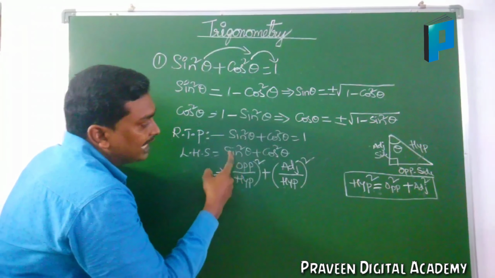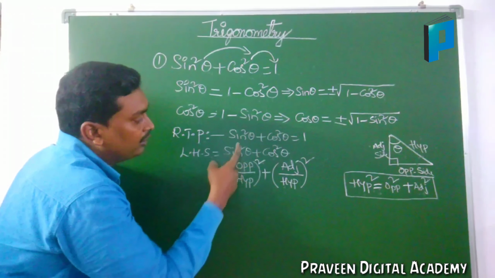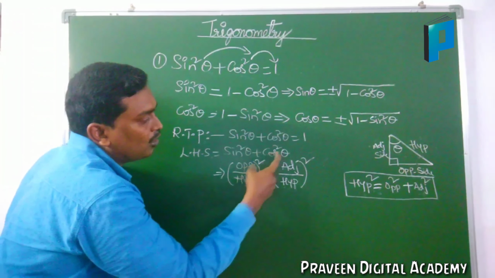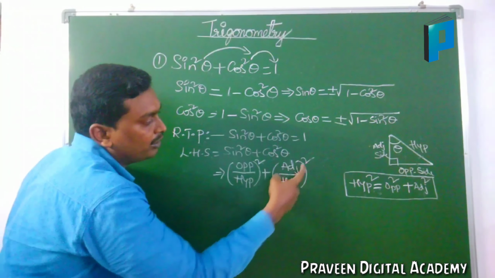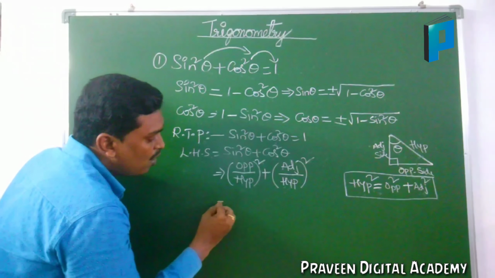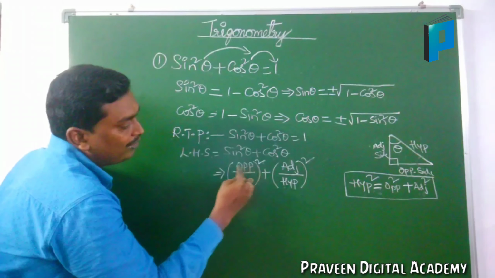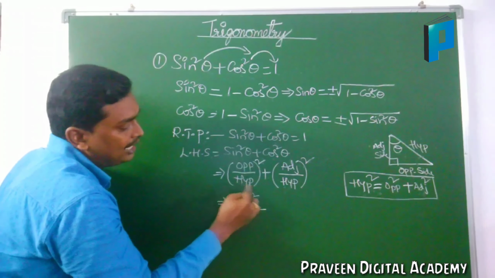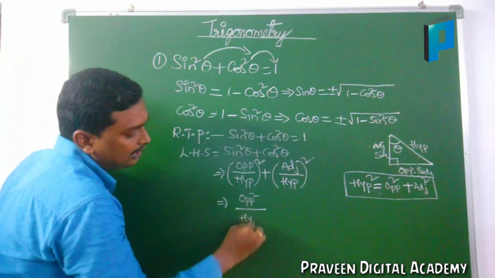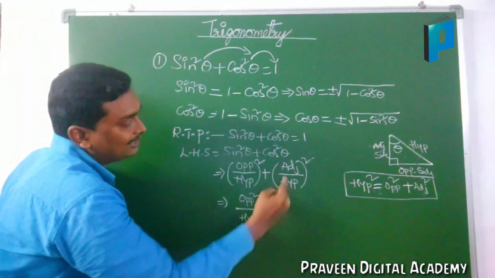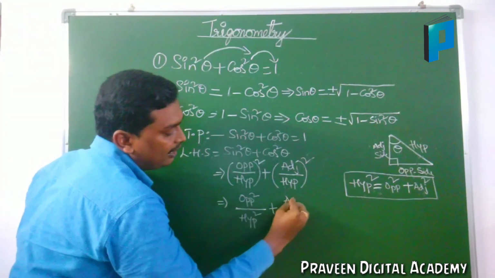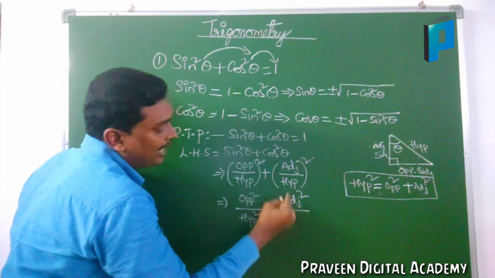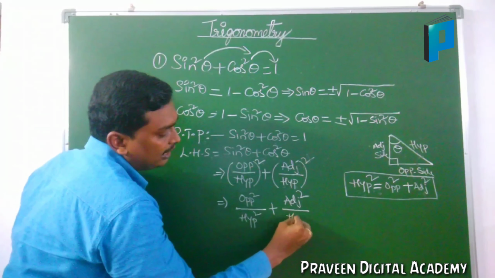Here sin theta is opposite by hypotenuse, square is square, plus is plus, cos theta is adjacent by hypotenuse, square is square. Now if I write this, what will I get? Opposite square by hypotenuse square plus adjacent square by hypotenuse square.